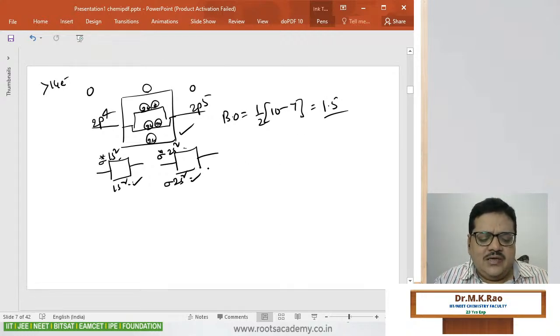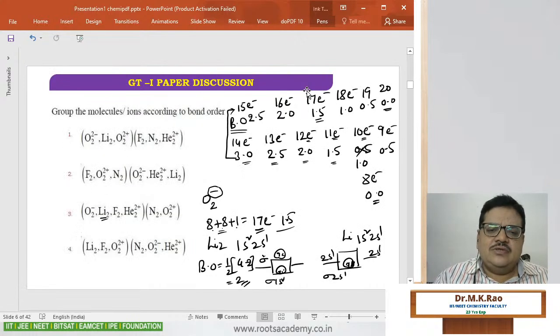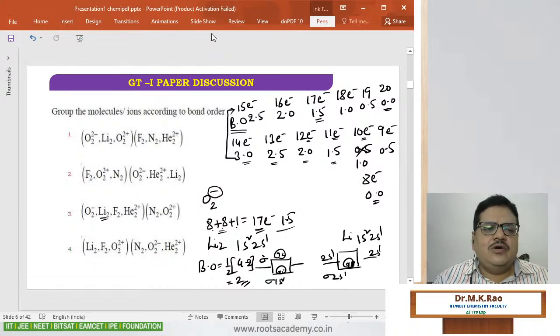Now what they are saying? Group of molecules or ions according to bond order. I think it is O2 2 minus. It must be 2 minus. If you consider O2 2 minus, you go to the previous page. What is the bond order of O2 2 minus?